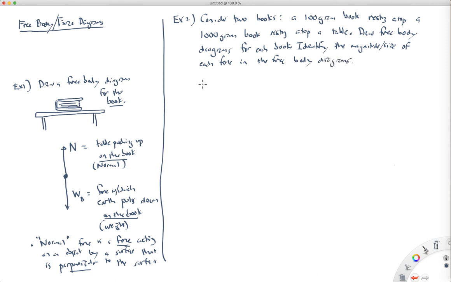Okay, so I'm just going to draw this, not schematically, but actually draw the situation here. So we've got our small book. This is our 100-gram book. And this is going to be resting on top of this larger book, the 1,000-gram or 1 kilogram book.